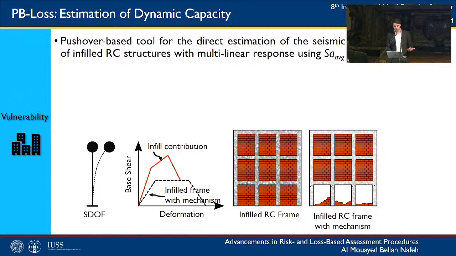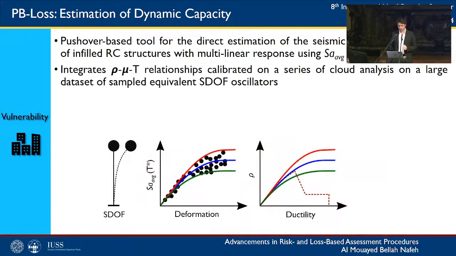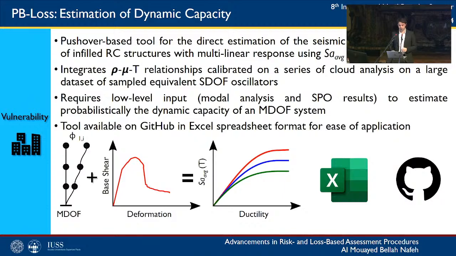On the vulnerability side of things, we created an estimation tool to directly estimate the seismic demand and capacity of infilled RC buildings. This tool integrates strength deformation relationships calibrated on a series of cloud analyses, carried out on a large data set of sampled equivalent single degree of freedom oscillators, and using average SA as the principal intensity measure.